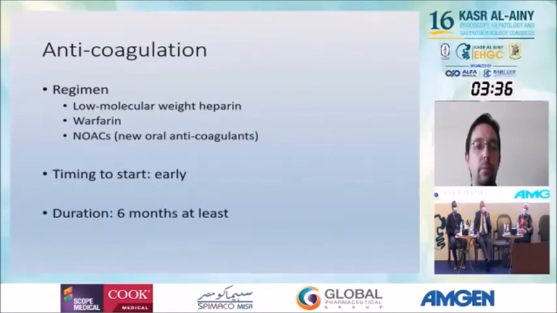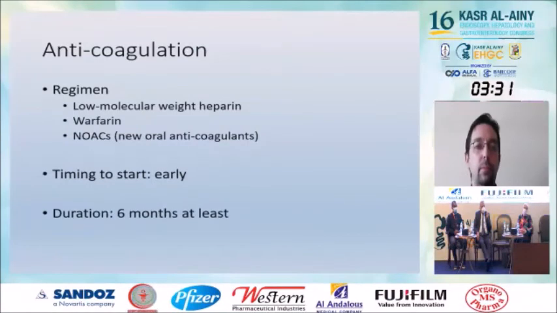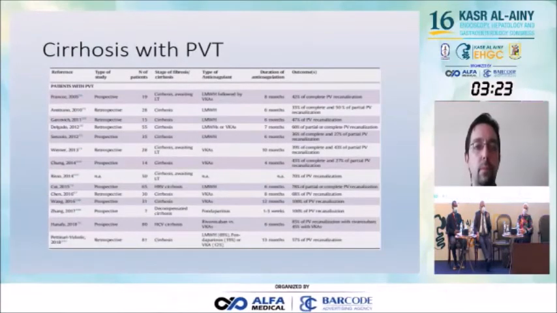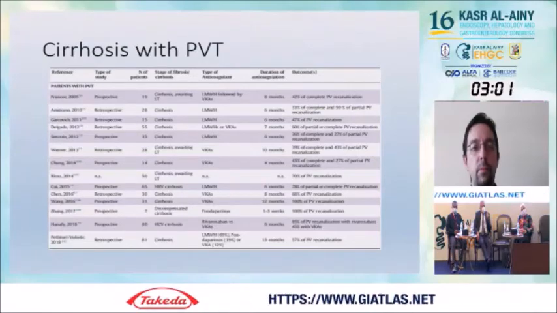What regimens were used? Some used low molecular weight heparin, some used warfarin, some used the new oral anticoagulants. Most of them started early after detection and lasted for 6 months. If we look at some of these studies, we can say on the right side that the recanalization rates were from 30 to 100% using different regimens: low molecular weight heparin, vitamin K antagonists, or even, in 2018, rivaroxaban.